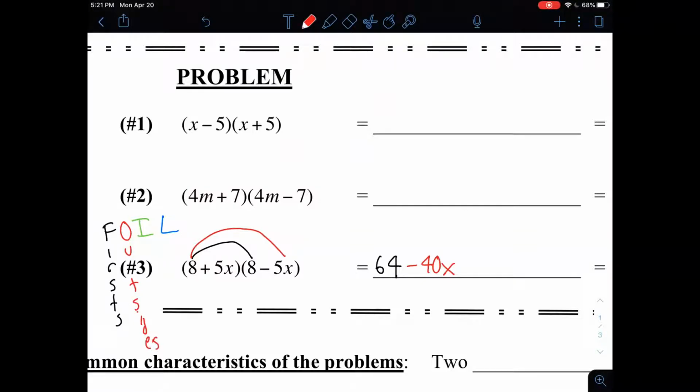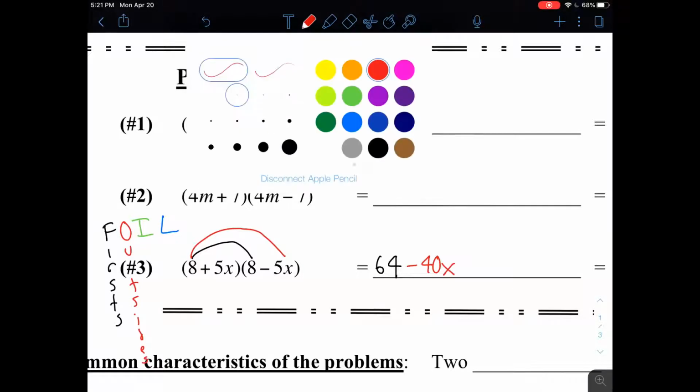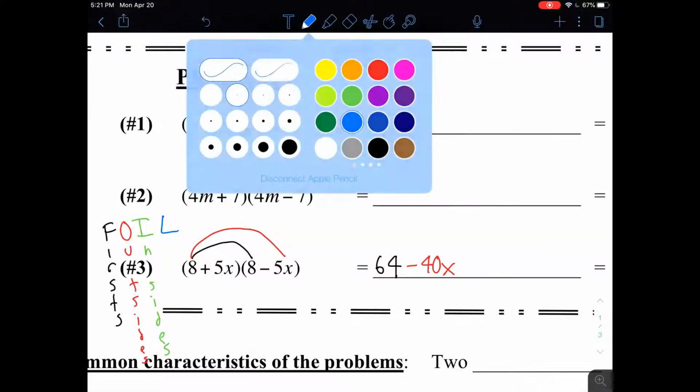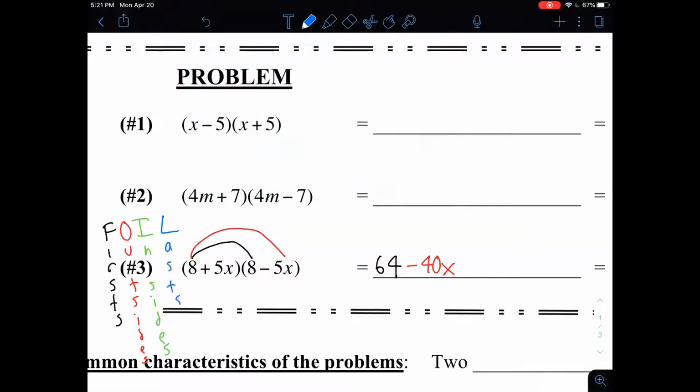That was really bad. Wow, I'm a little embarrassed. Outsides. Then we had green was insides. And we had blue was lasts. Okay, so firsts, outsides, insides, lasts.